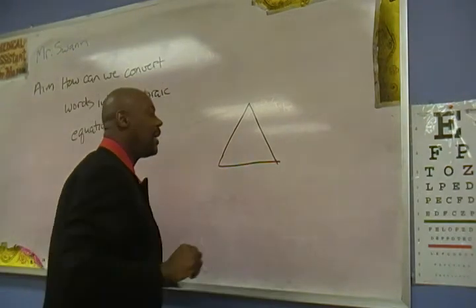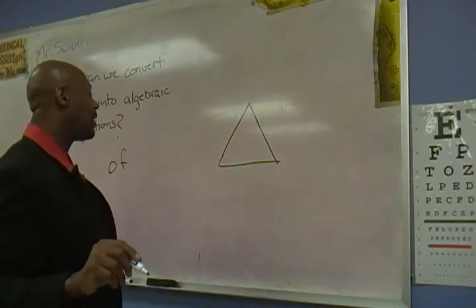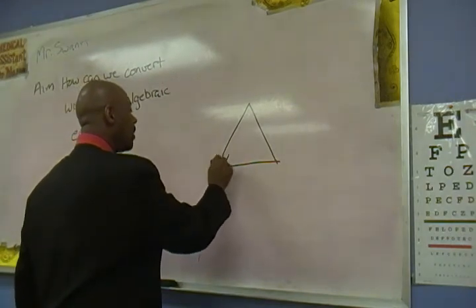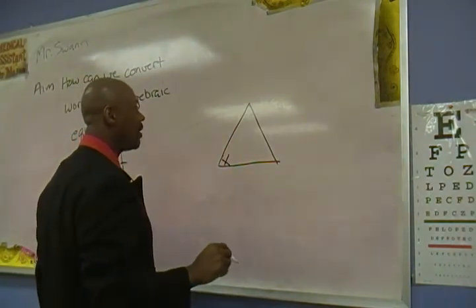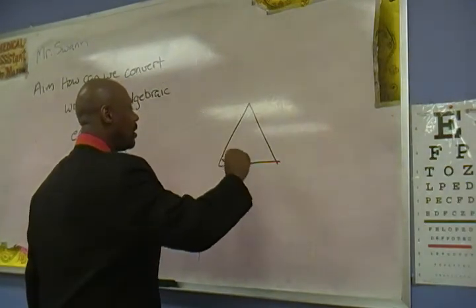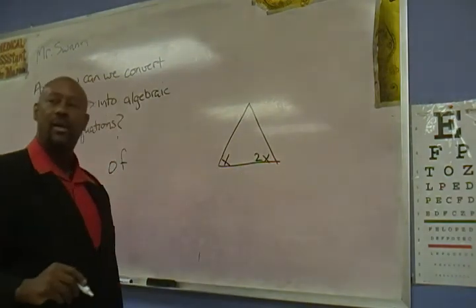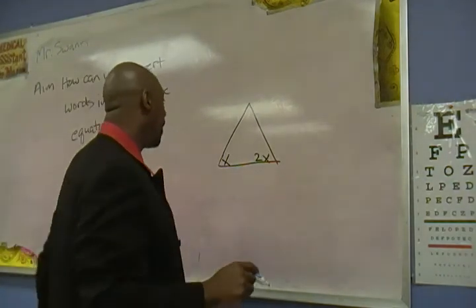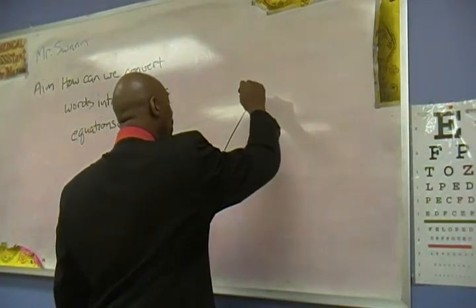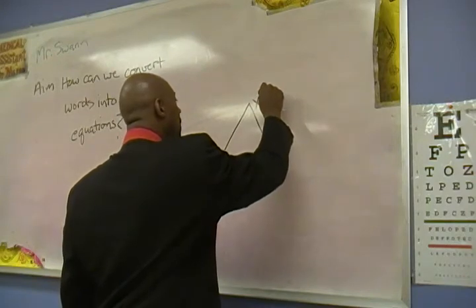All right, and what did I have? I think I had something was, this was X, if that angle was X, and I think this angle was 2X, and I think I said this angle was X plus 20.